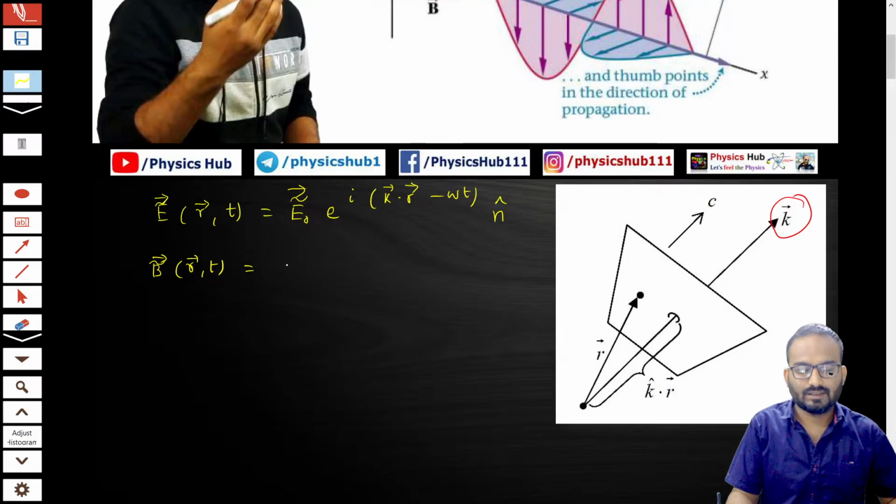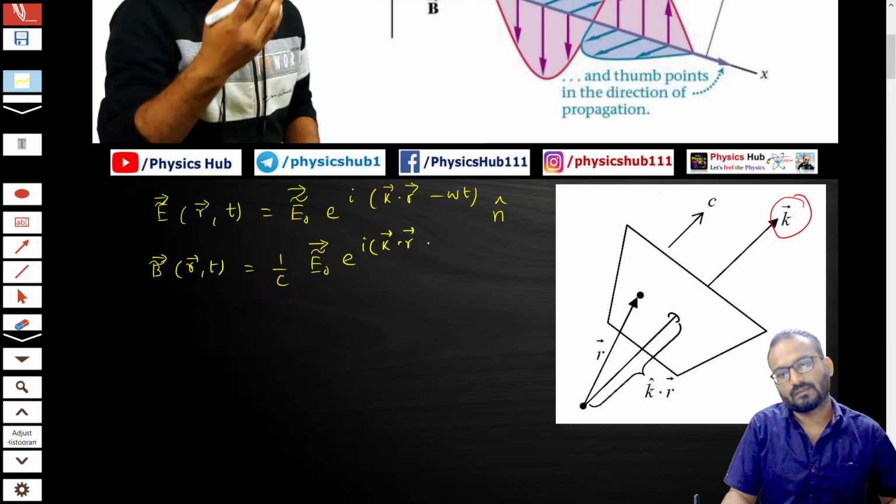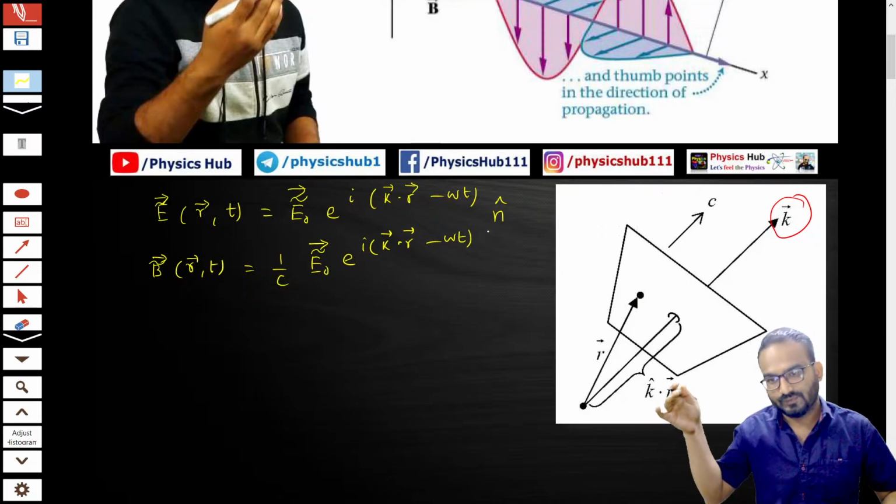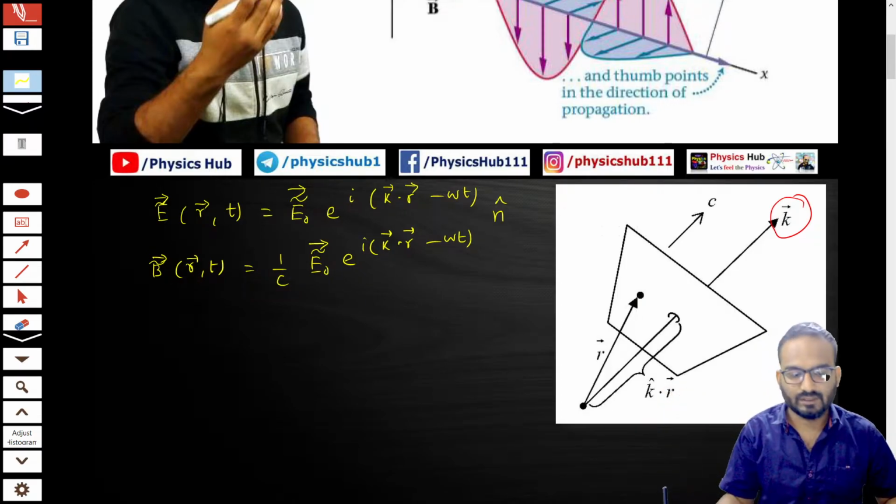So B of r, t will be 1 by c, E naught e to the power i (k dot r minus omega t). Now n cap is the direction of the electric field, and the magnetic field is directed in the perpendicular direction.